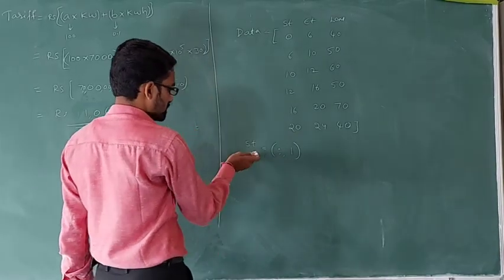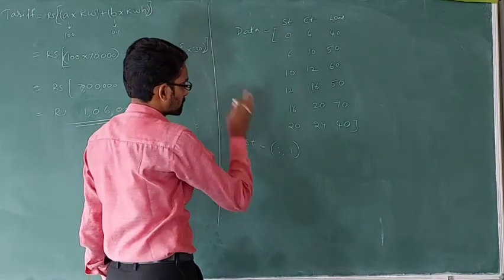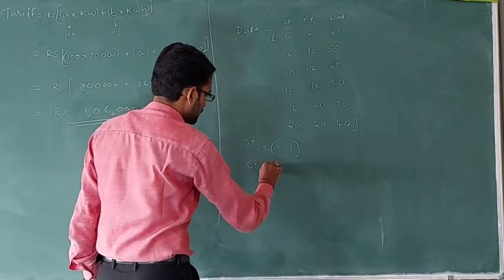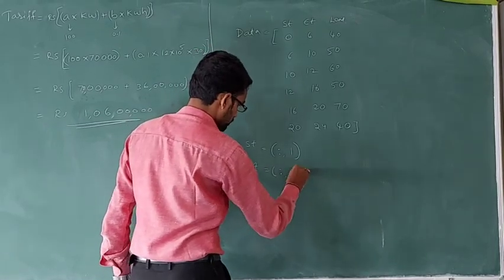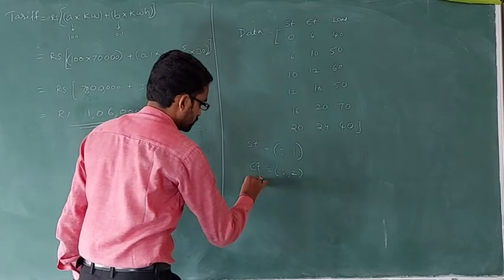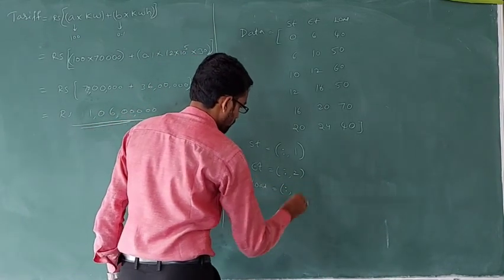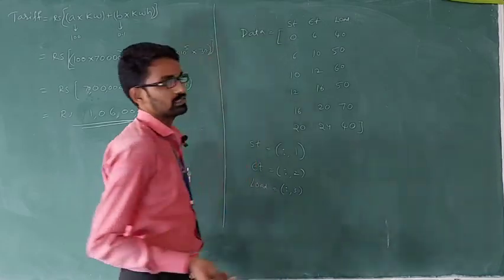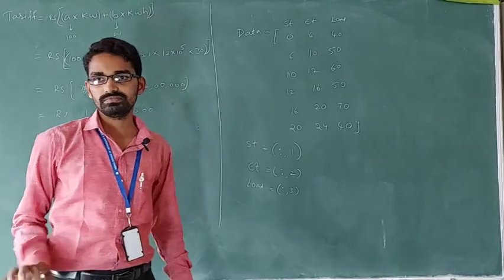That means this ST starting time will store the data which is available in the first column. And end time: colon, comma, second column. And if I want to get the load data, colon, comma, 3 you have to consider.